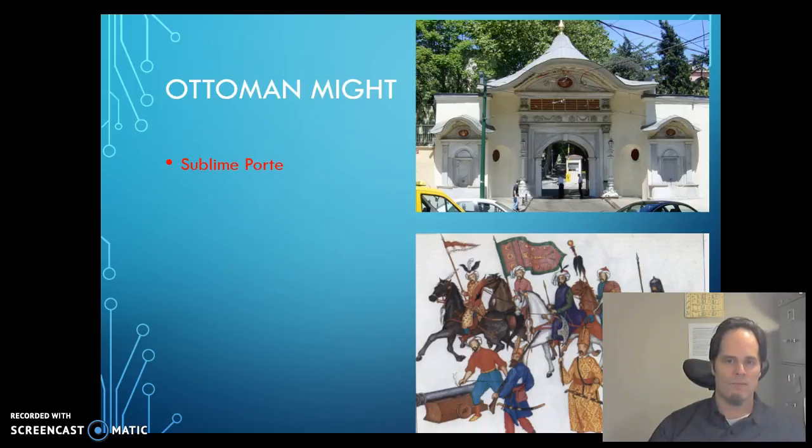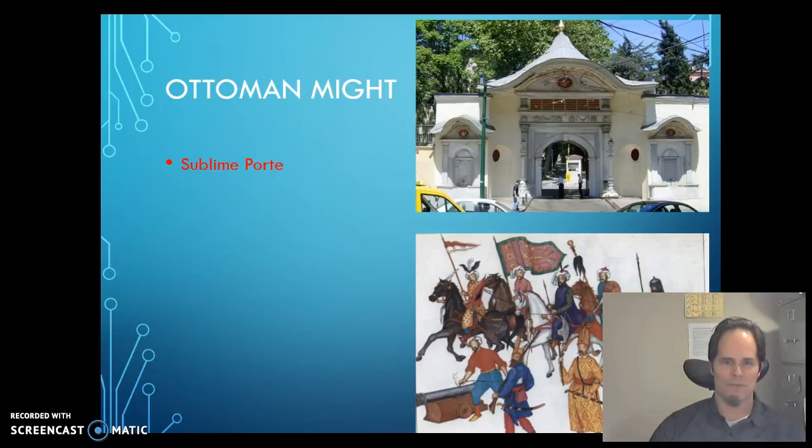Now, the Sublime Porte actually refers to the gate, and you can see it here, the gate into this diplomatic community in Istanbul. But it has since come to mean the entire state apparatus.